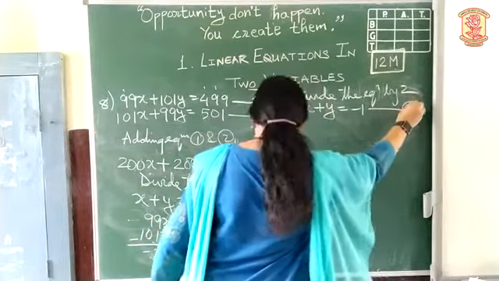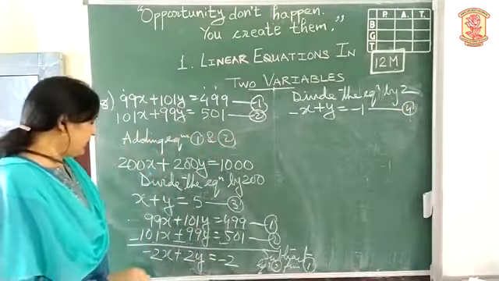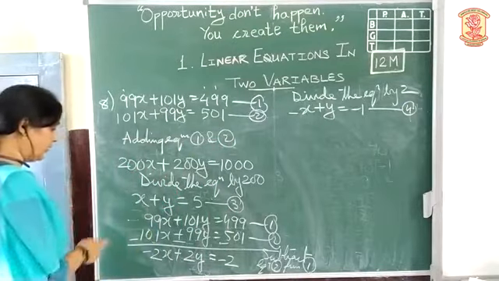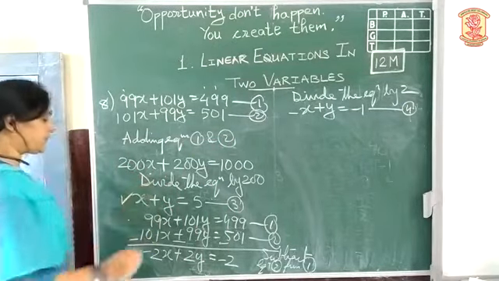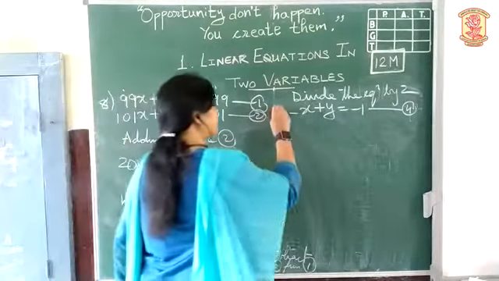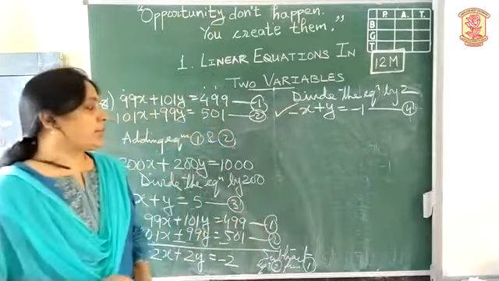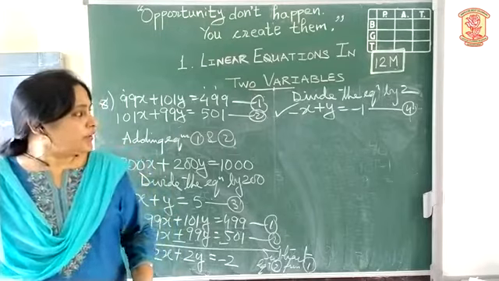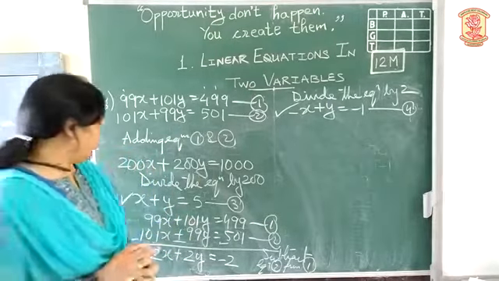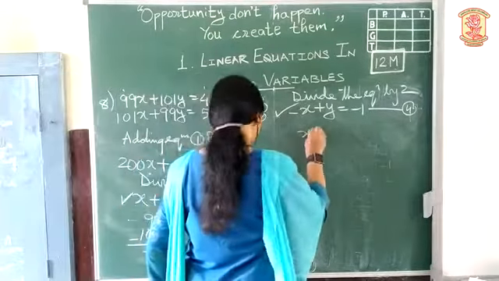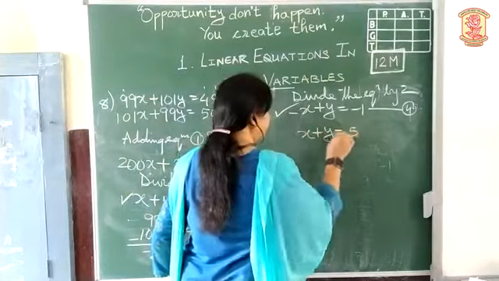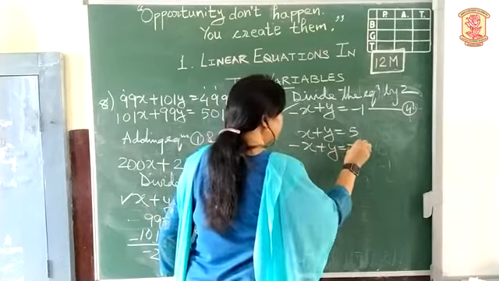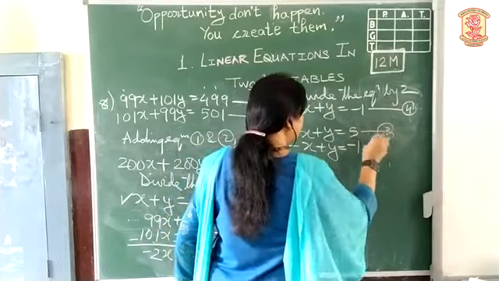This is going to be the fourth equation. Now, by adding we got the third equation, x plus y equals 5, and by subtracting we got the fourth equation, minus x plus y equals minus 1. Now we are going to take these two equations and solve them: x plus y equals 5 and minus x plus y equals minus 1. This is the third and the fourth.